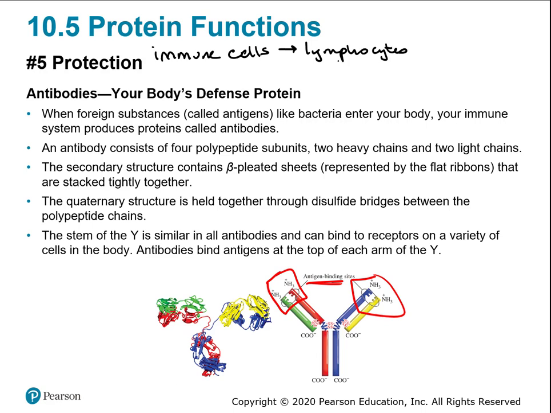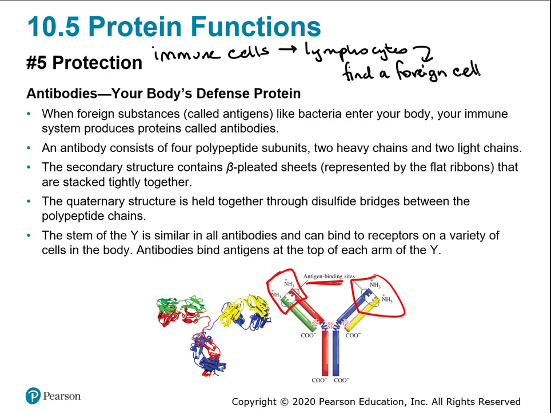When these lymphocytes find something foreign, whether it's a foreign cell, a bacteria, or even a virus-infected cell, they bind to it and find a structure on the surface of that cell that is foreign. That's how they figure it out.